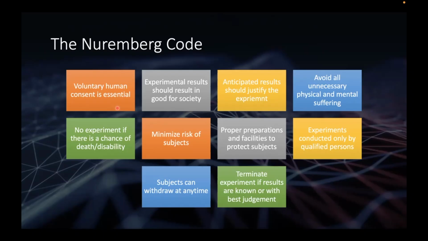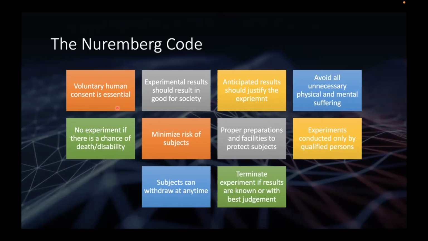That is the first principle of the Nuremberg Code. Now, as a physician, as a medical student, as an advocate of research, as someone conducting research, you have to know all of these principles. Number 1 principle, voluntary human consent is essential.